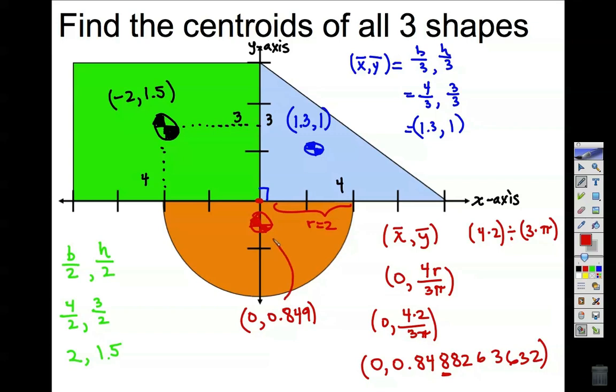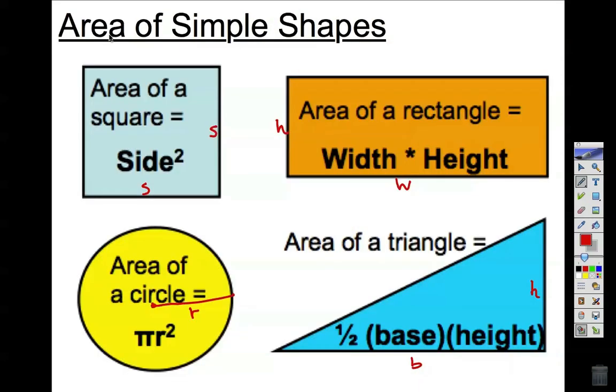In order for us to find the centroid of a complex shape, we need to know areas of these simple shapes. Area of a square is side times side, or side squared. Area of a rectangle is the width times the height.